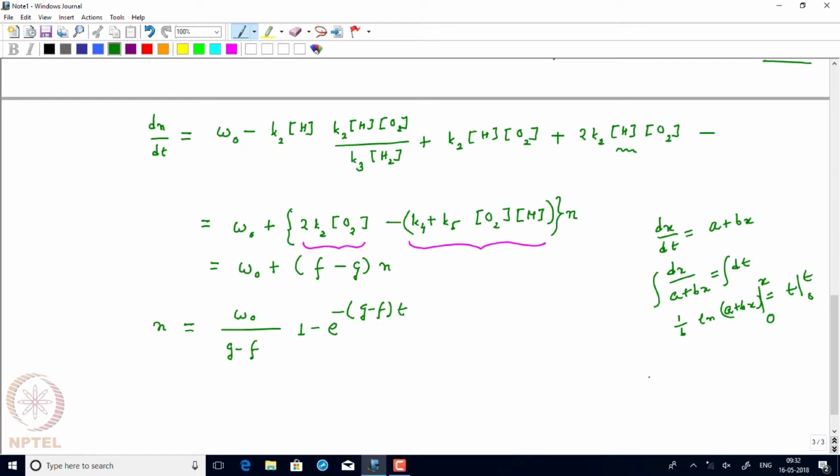into t. Let me just do it for you. From this what we will get, so this b I am just multiplying on the right hand side, it will be bt, and suppose I am using an extra minus sign.